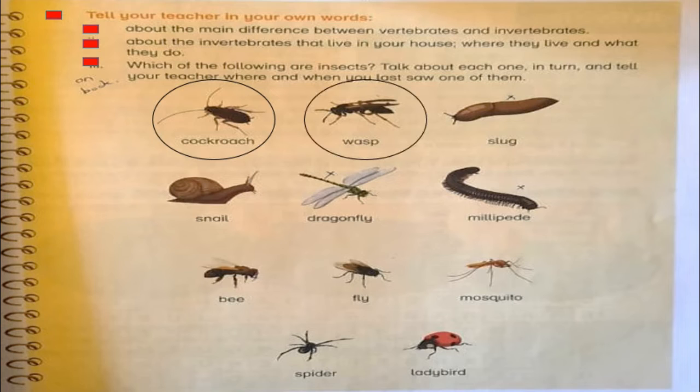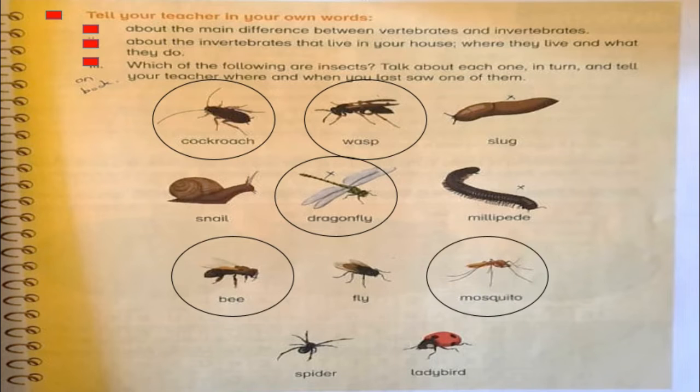Cockroach, wasp, dragonfly, bee, mosquito, ladybird and fly. So now these are the insects and the rest are not insects. Slug, millipede, spider and snail.